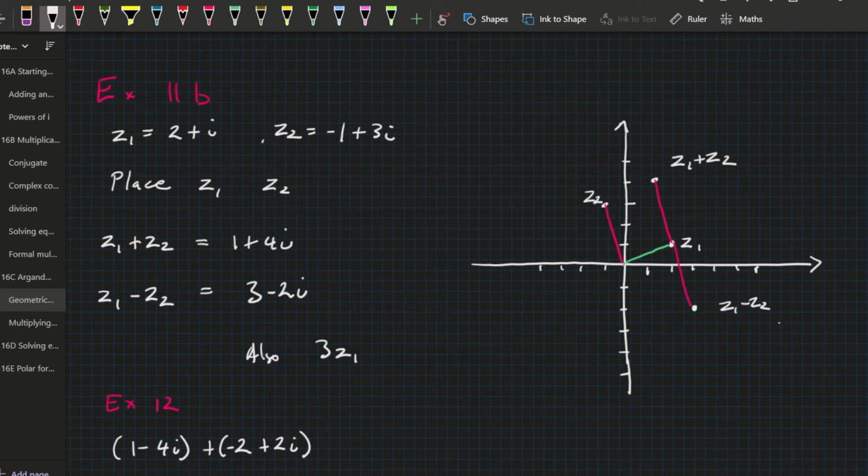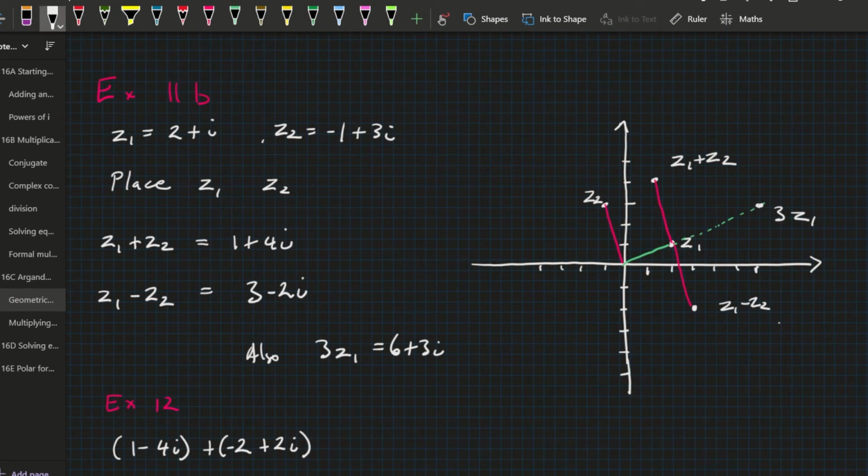Well, that's just equal to 6 plus 3i. So if I can mark that in here, we've got 1, 2, 3, 4, 5, 6 plus 3 is up here. Okay, so that's 3Z1. And to extend that out, there's like 2 times Z1 and 3 times Z1. So hopefully you can see exactly how the geometry works here.